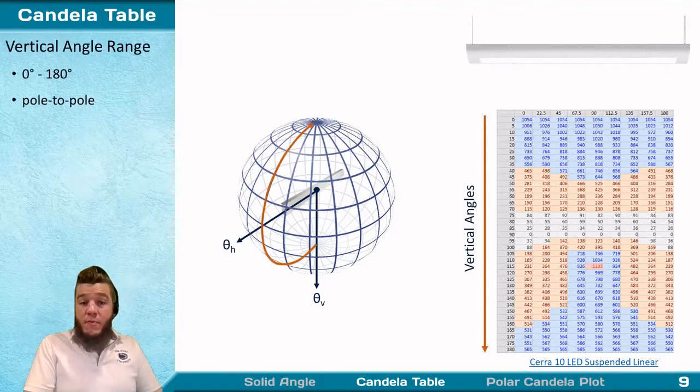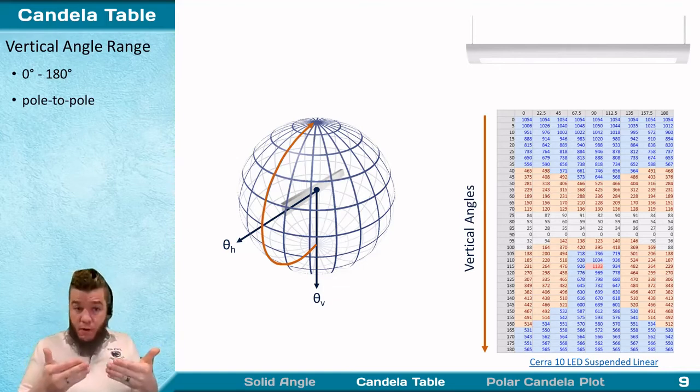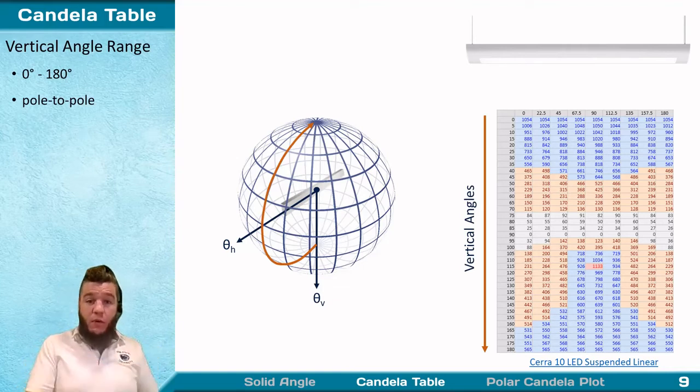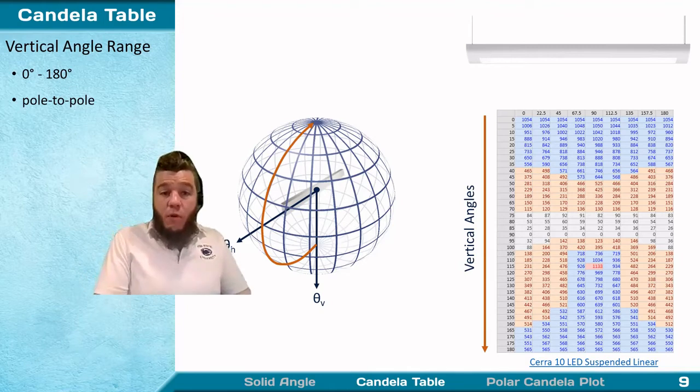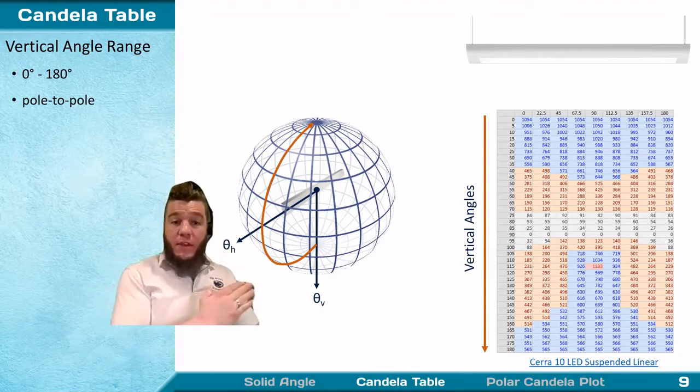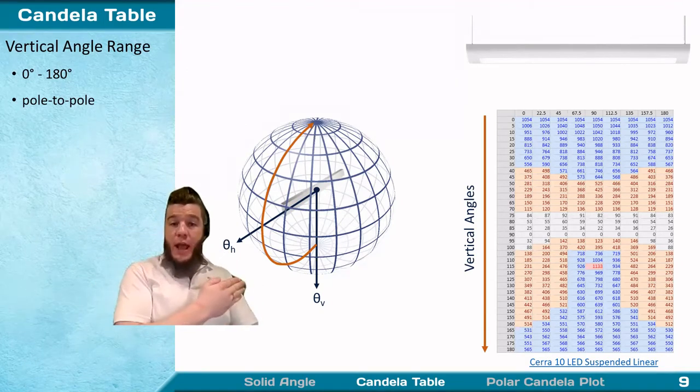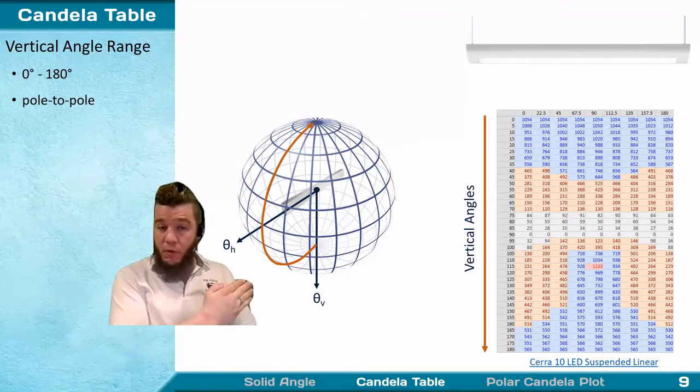Okay, so the first thing we're going to do is define our vertical angle range. And typically speaking, we're much more interested in vertical angles than horizontal ones for most architectural luminaires. Something that's very important to point out: recall that 0 vertical is down here at the bottom, the South Pole, if you will.